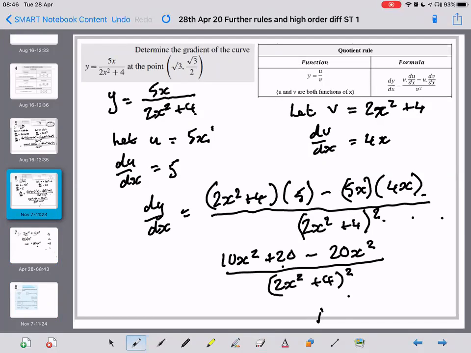No point in multiplying those brackets out. That's much simpler there, as it is. Okay. Happy?